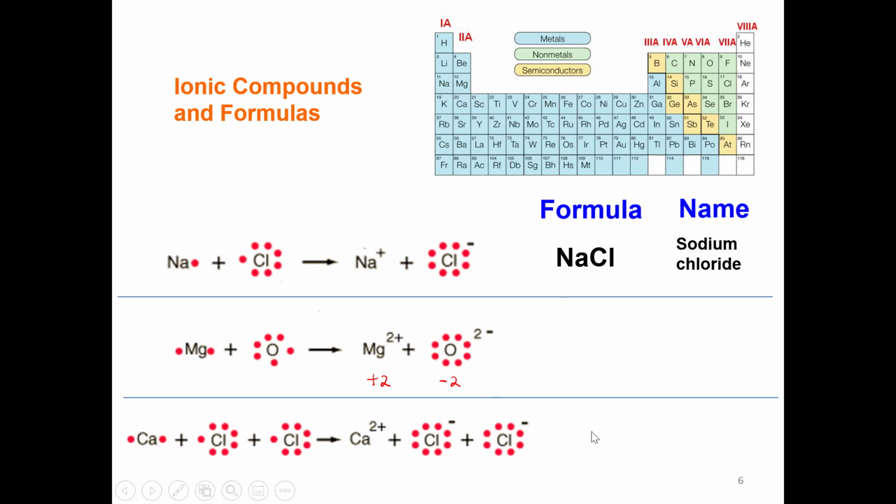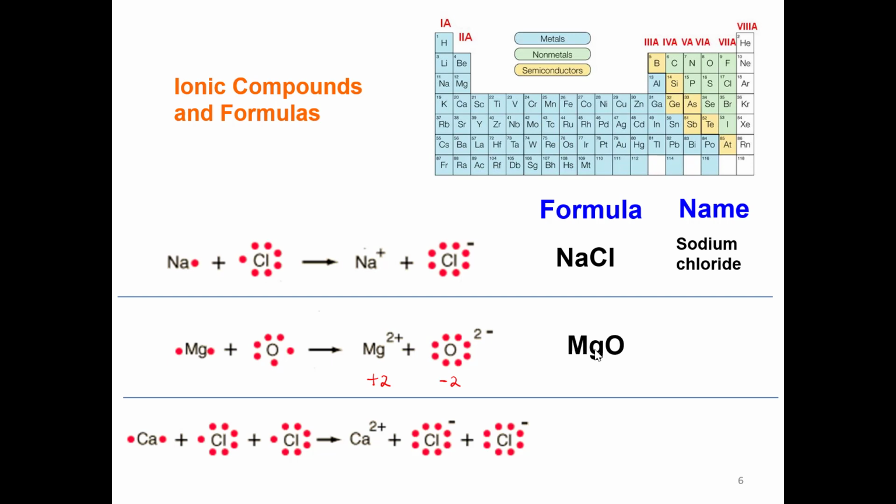To write the formula, first we write the symbol of the metal, which is magnesium, and then the symbol of the non-metal or the negative ion, without any sign, just the symbols. Then this will be the formula for this ionic compound.